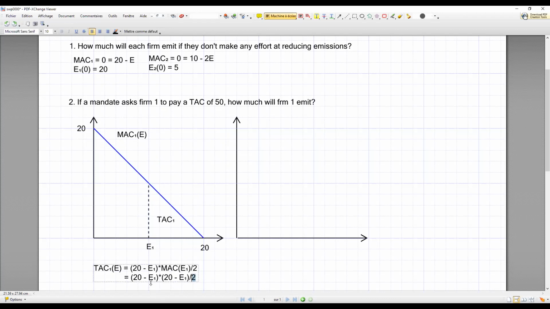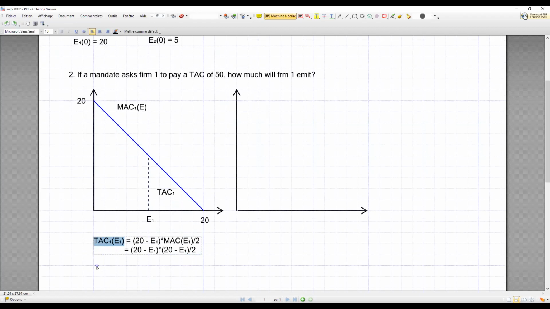And now I just have to set this to, what did I say, 50?